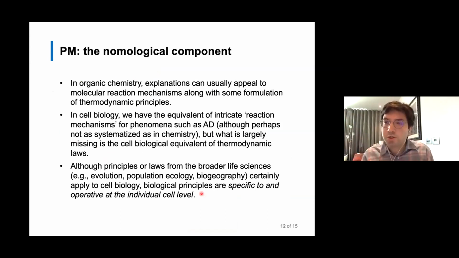What about the nomological component of the PM explanation? What I'm proposing shouldn't come as a surprise, for example, to a chemist, because in organic chemistry, if we want to explain a reaction mechanism, what a chemist would do is they would first posit the chain of electron pairs that form a certain bond with arrows, in any organic chemistry course.